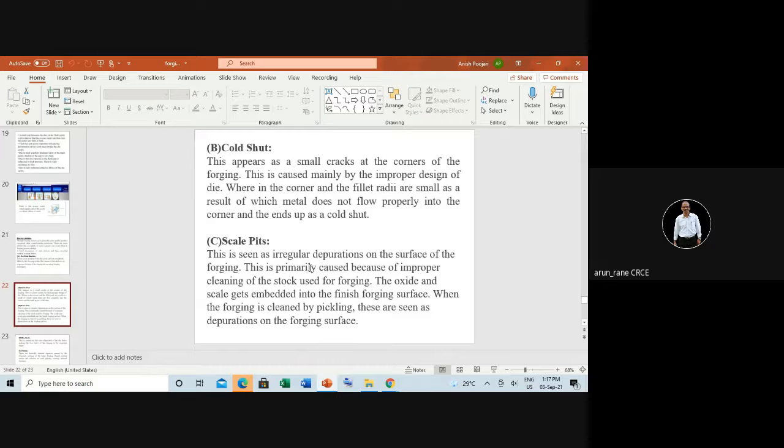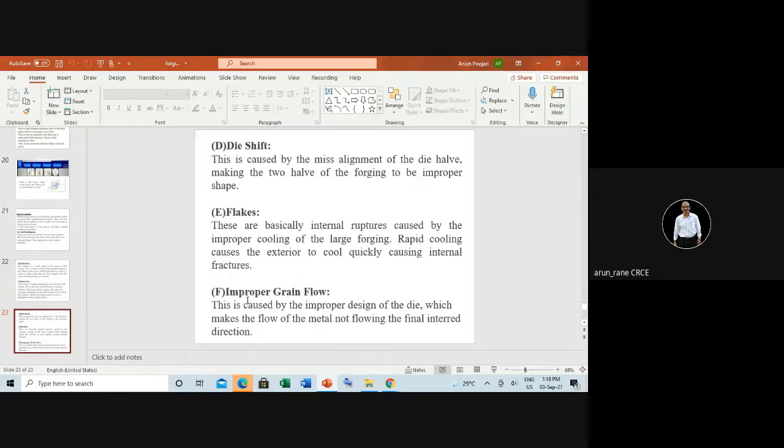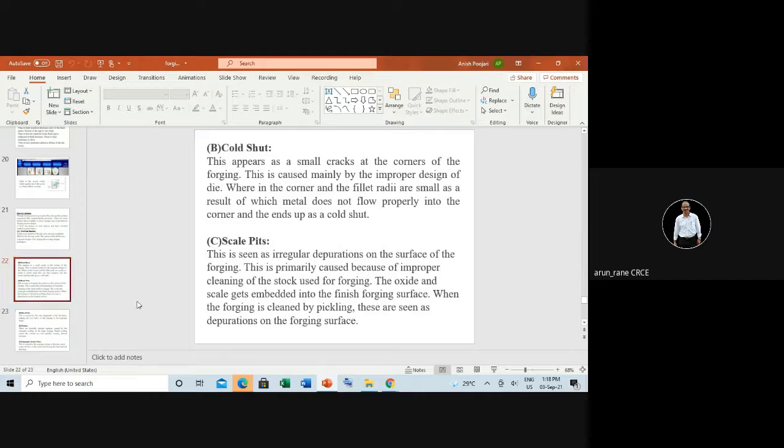Scale pits are irregular depressions. Suppose you do not clean the die properly for the next forging, and if there are slight inclusions, then they get adhered. That is what is called the depressions.